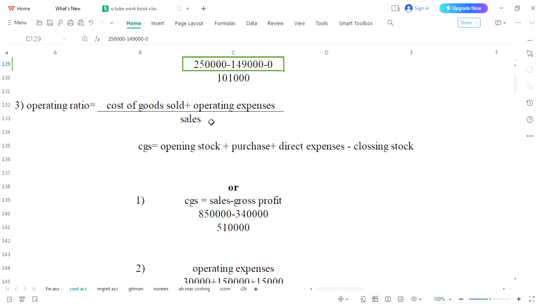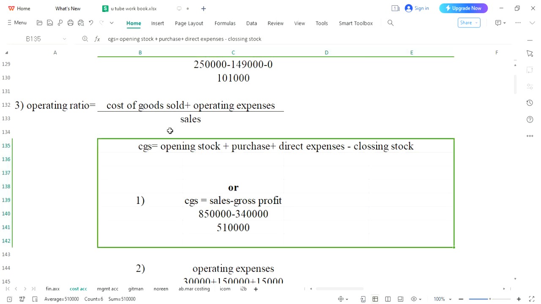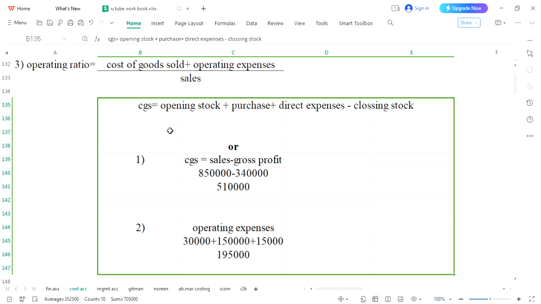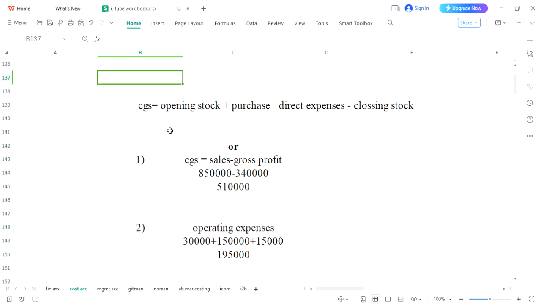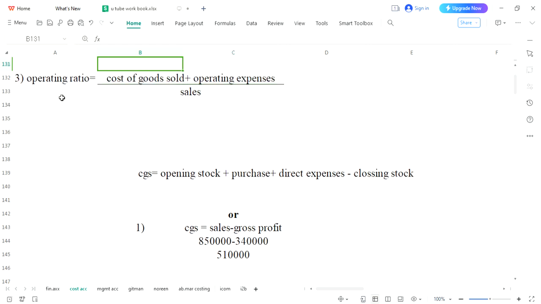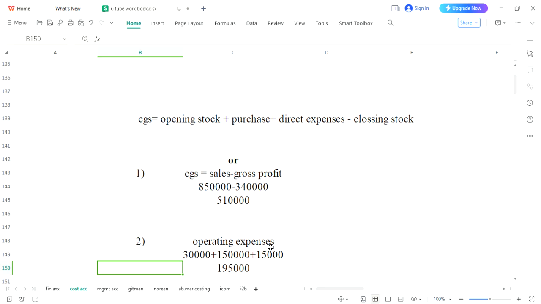For our formula, just sale is now needed. Let's put these values a little downward so that we can have proper space. Once again, for operating ratio, you need cost of goods sold and operating expenses. Cost of goods sold you have calculated by subtracting gross profit from sales, 5,10,000, and next was operating expenses, which we have calculated by taking help from the book.